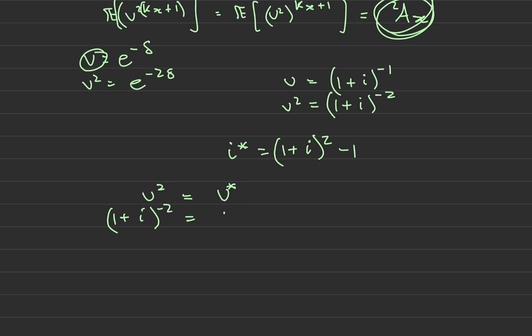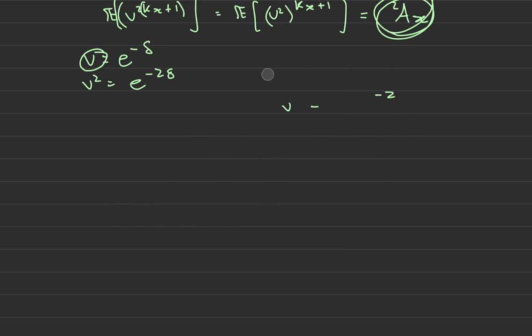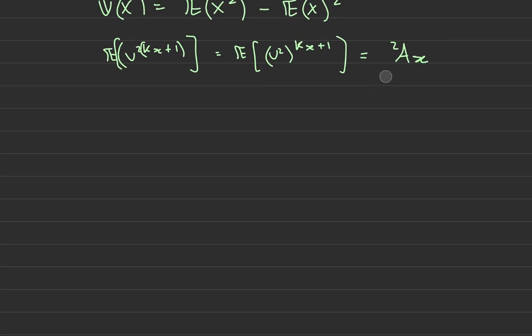And v star is just going to be (1 plus i star) to the negative 1. So I can raise both of these to the negative 1, and I get that this is to the positive 2 and that's to the positive 1. Then I can just subtract that 1 from both sides, and I end up at this equation here. So double the force of interest will be this first expectation.